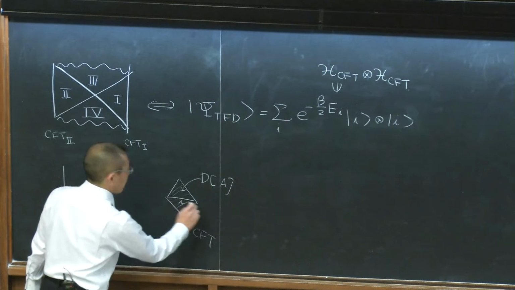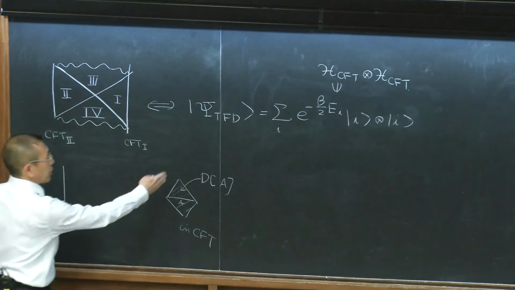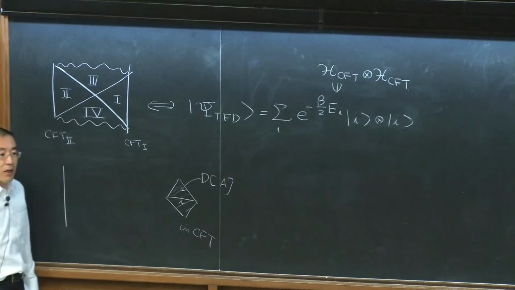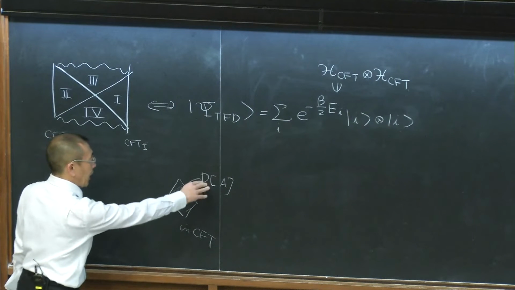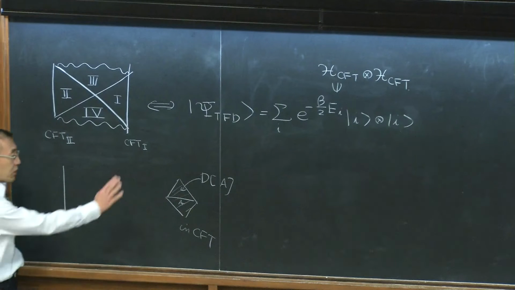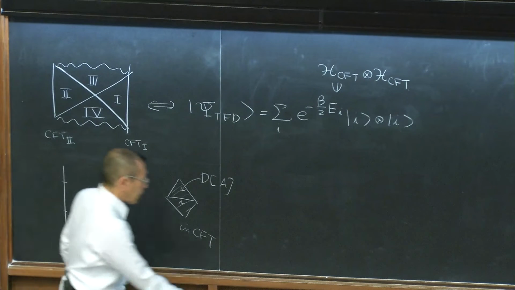So suppose A is some part of the space-like section of the conformal field theory. You can draw the domain of dependence associated to this A and denote it D of A. So this is on the boundary of AdS.